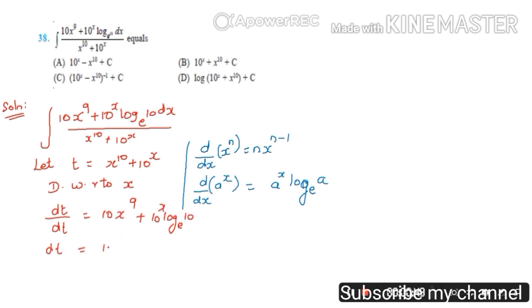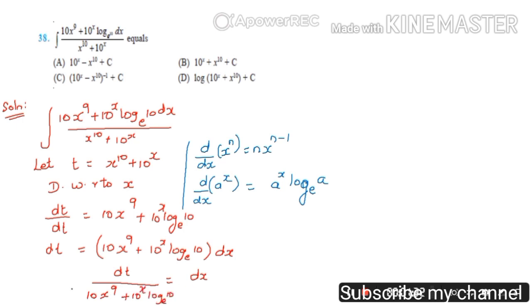So let me cross multiply. dt is equal to 10 x power 9 plus 10 power x log to the base e 10 into dx. So dx is equal to dt divided by 10 x power 9 plus 10 power x log to the base e 10.